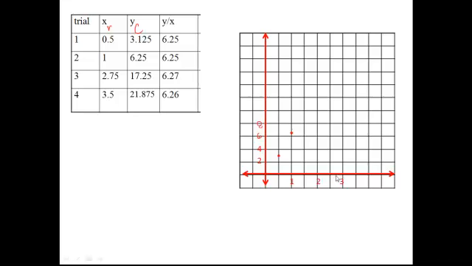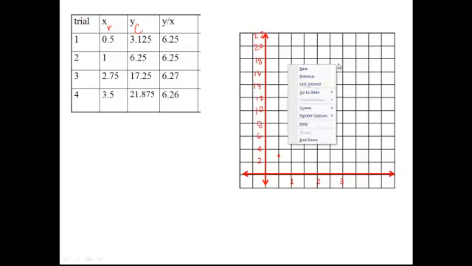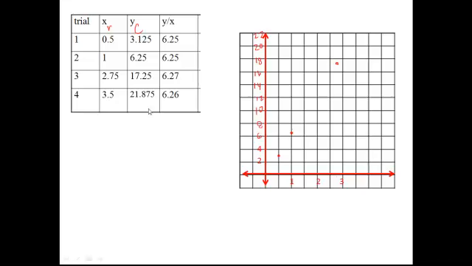This would be 2.5, and 2.75 would be about right there, and then all the way up to 17.25, so that would be right about here. Once again, if you took careful time to plot these, this would be a little bit better. Here's my 4, and then we're going to go all the way up to 21.